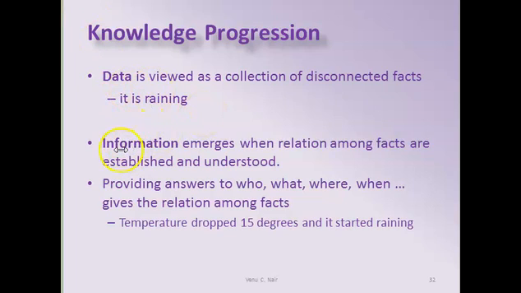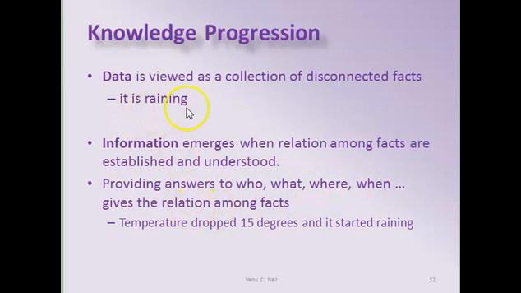Now how does this become information? Information emerges when relation among facts are established and understood. So these disconnected values or facts are connected with some rules or understandings, then it becomes information. Providing answers to who, what, where, when, etc. are the relation among facts.